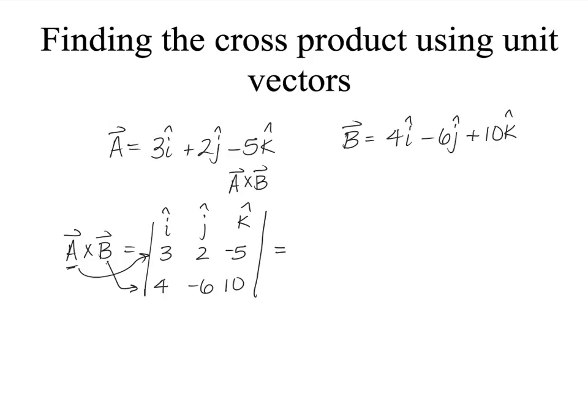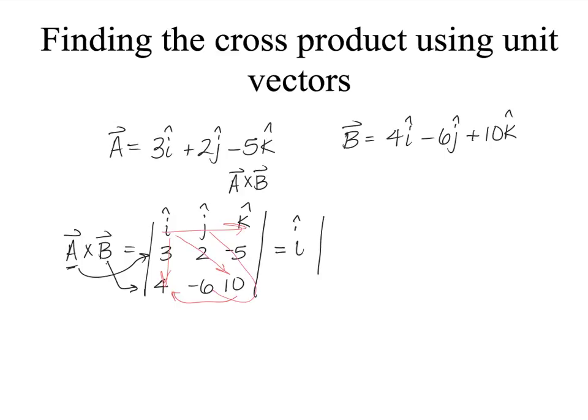Now, we could find the determinant by doing these 3 by 3 multiplications, but it's easiest if we expand about a row. So when we expand about a row, we eliminate the row and the column that unit vector is in.